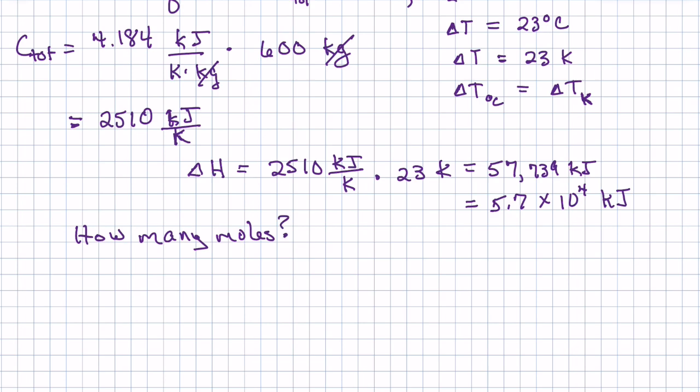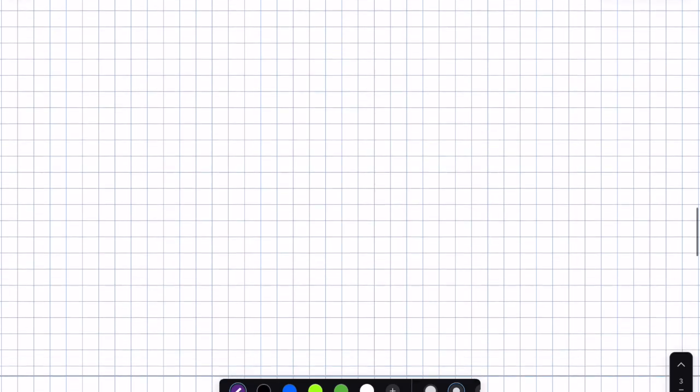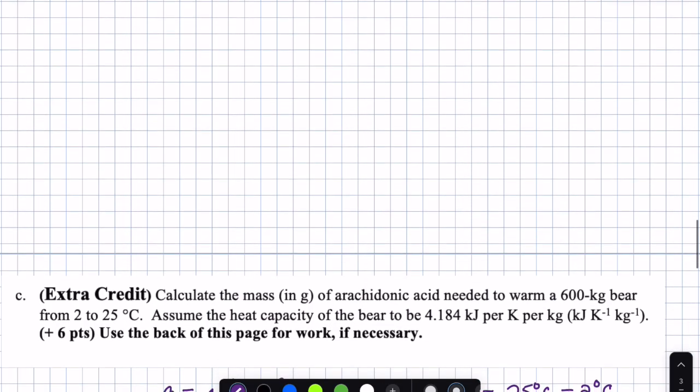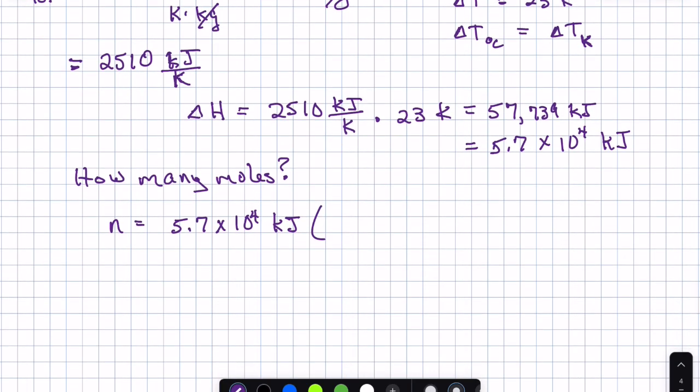All right. Well, so how are we going to do that? Using dimensional analysis, what I've got is 5.7 times 10 to the 4th kilojoules. And I know that my value is 11,806 per mole. So I'm going to use dimensional analysis.